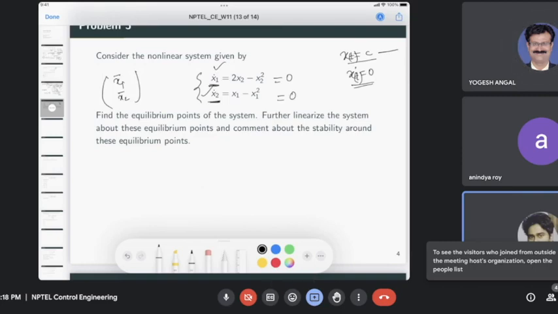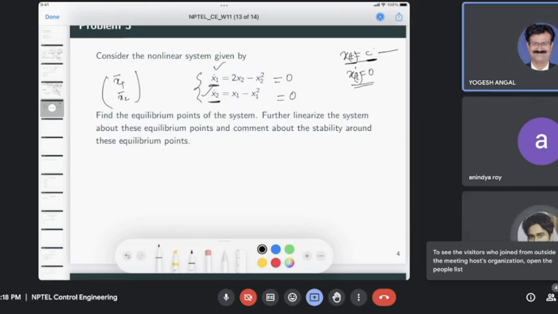That means the state variables should be at a constant value, not changing with time.